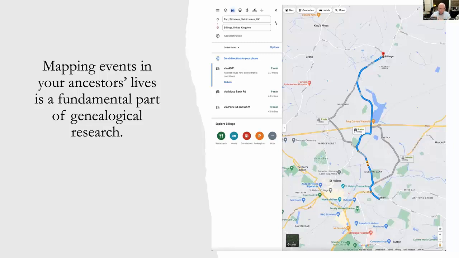So if you want records on a specific person, you don't go to that person, you go to the geographic location of the events that occurred in that person's life. That's where the records are going to be kept.